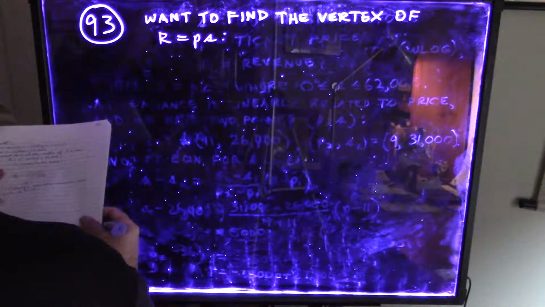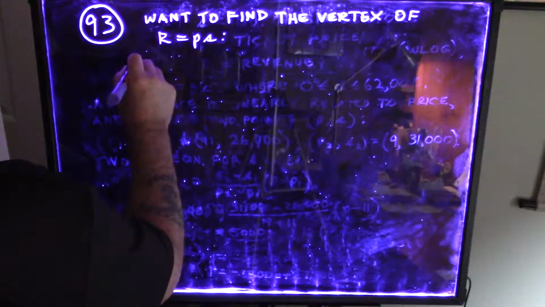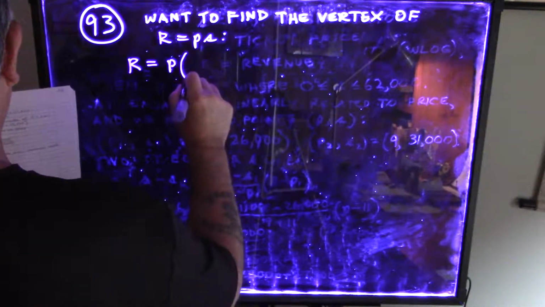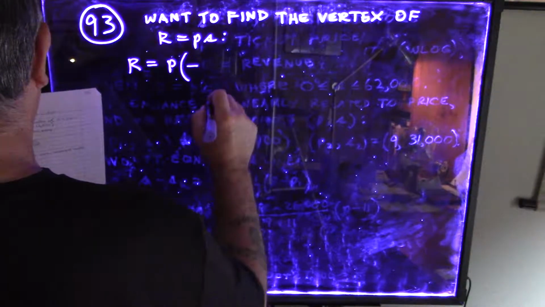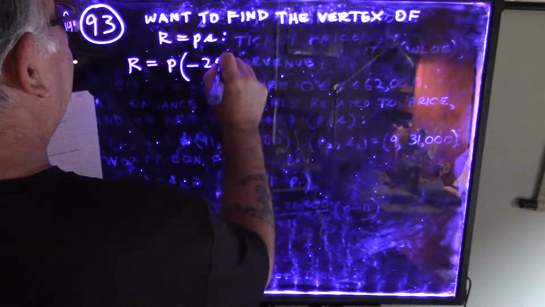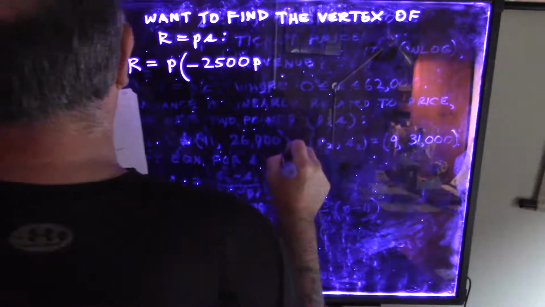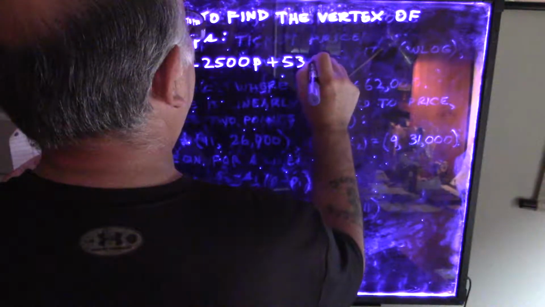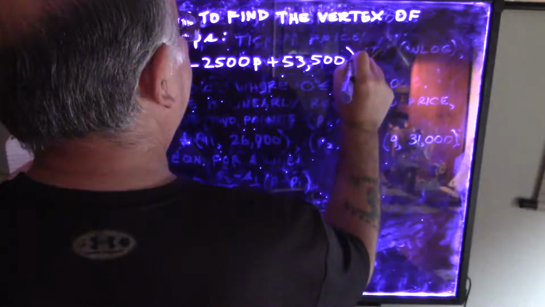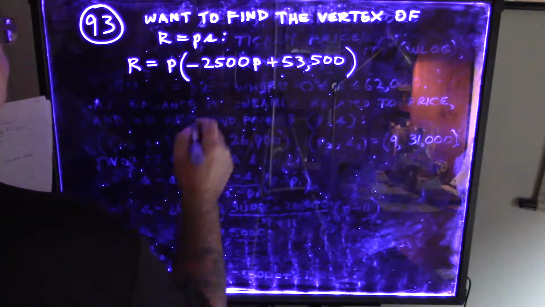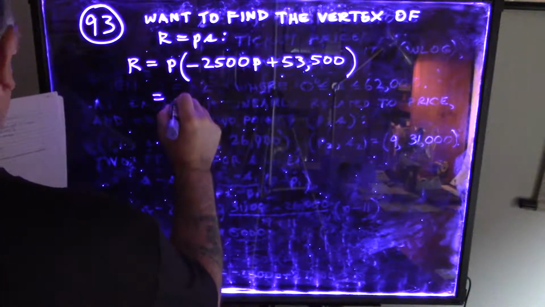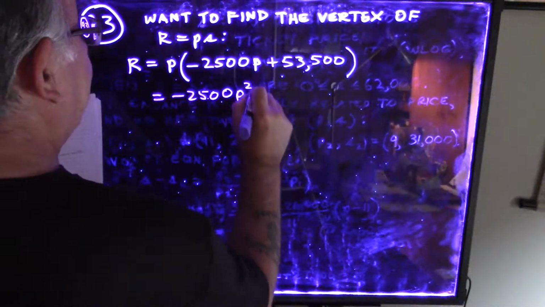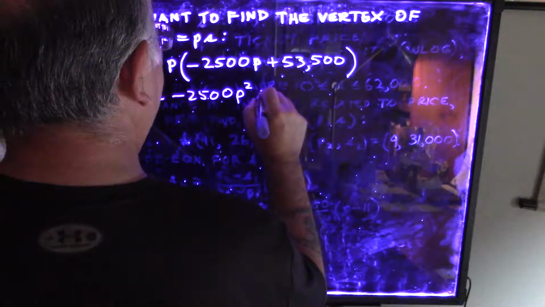So R, revenue, equals P times S, which we already found out to be negative 2500p plus 53,500. Now here's our parabola. There you go. So that equals, distributing the p through, negative 2500 p squared plus 53,500 p.